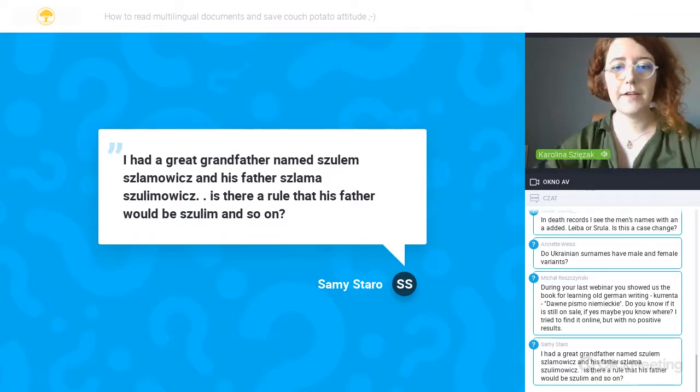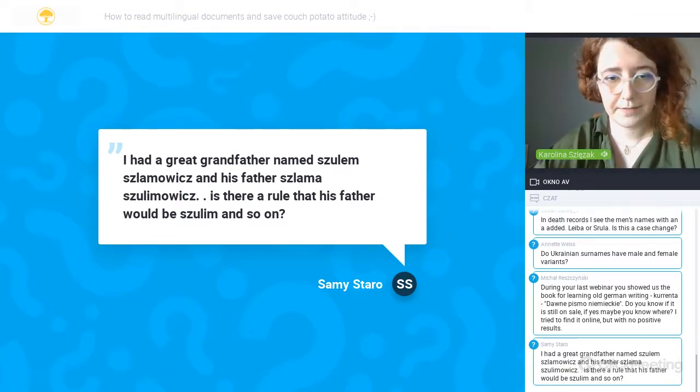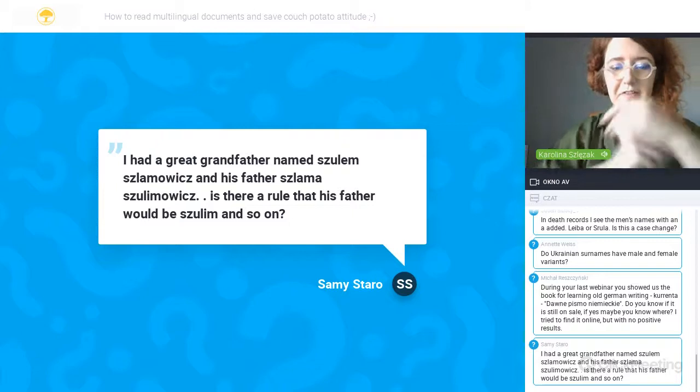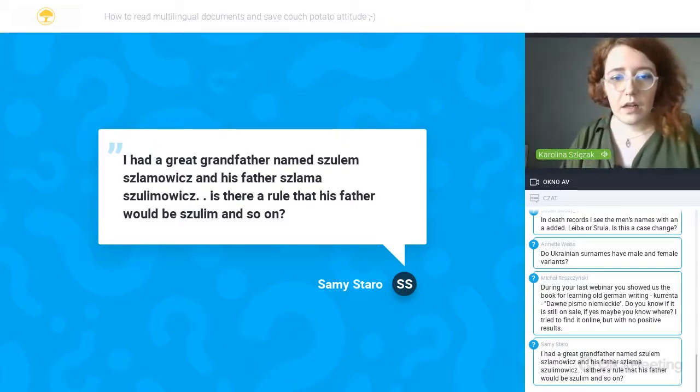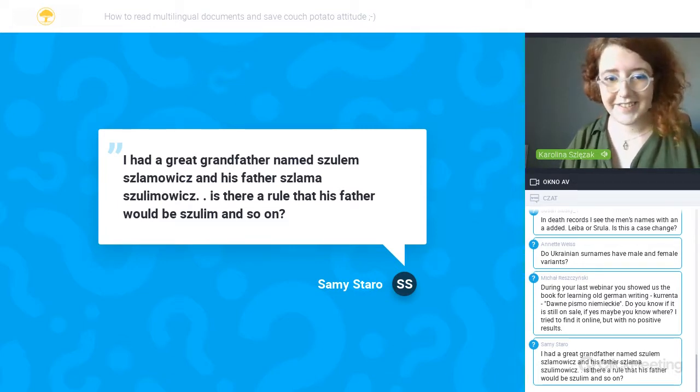I had a great-grandfather named Szulem Szlamowicz and his father Szlama Szulimowicz. Is there a rule that his father would be Szulim and so on? Yes, it looks so similar that I was a little bit confused at the beginning.